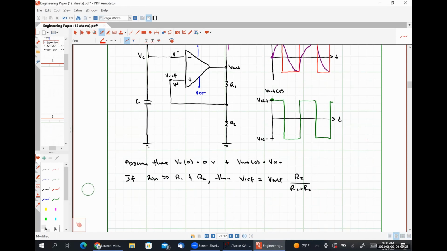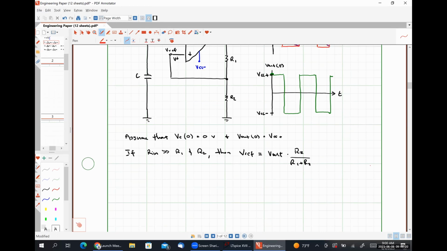So the period of oscillation, let me define that here, when it transitions from high to low, the period is given by twice RC times the natural log of (1 plus beta) over (1 minus beta), where beta is established by the ratio of R2 over R1 plus R2.